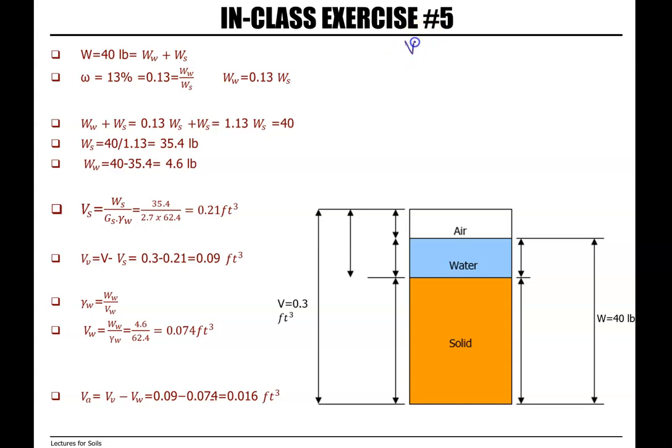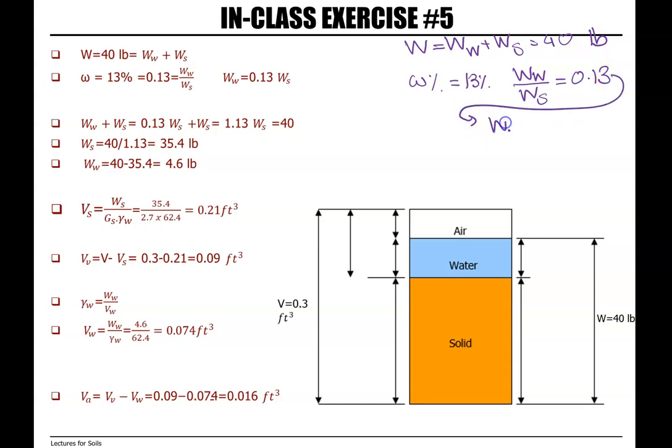Total weight, which is equal to weight of water plus weight of solids, is 40 pounds. Moisture content is 13%, which means that weight of water divided by weight of solids is 0.13. So from here, we get weight of water is 0.13 times weight of solids.